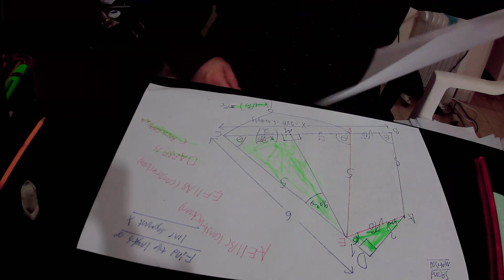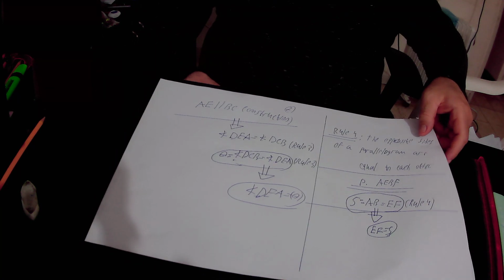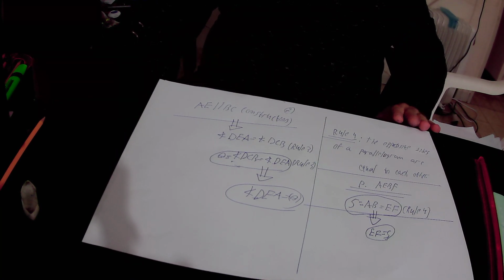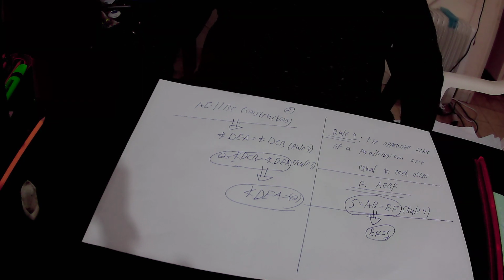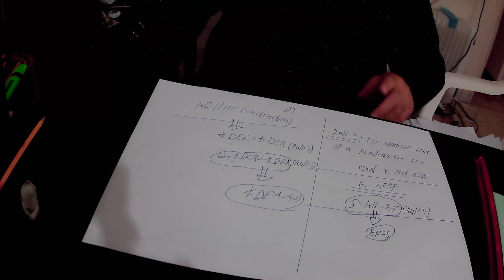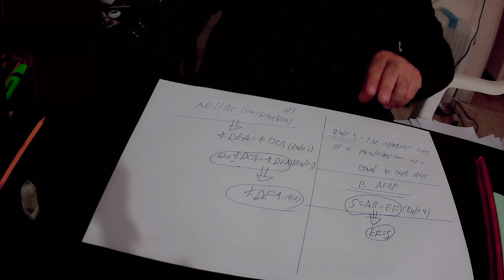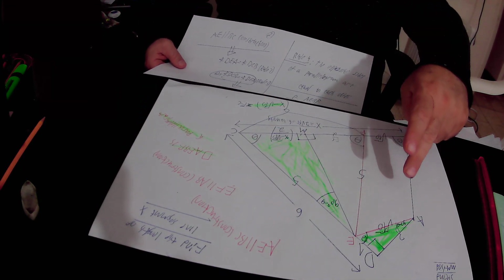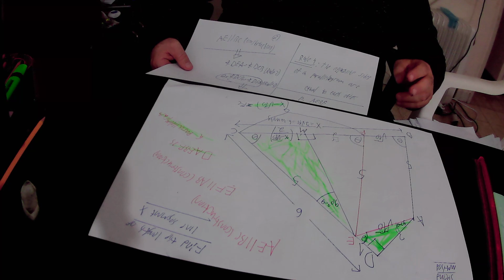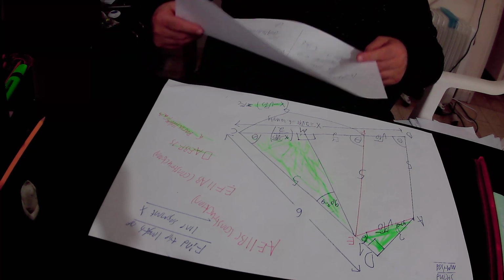Then I presented to you rule number 4. The opposite sides of a parallelogram are equal to each other according to rule number 4. That is to say, the opposite sides of parallelogram AEBF are equal to each other.